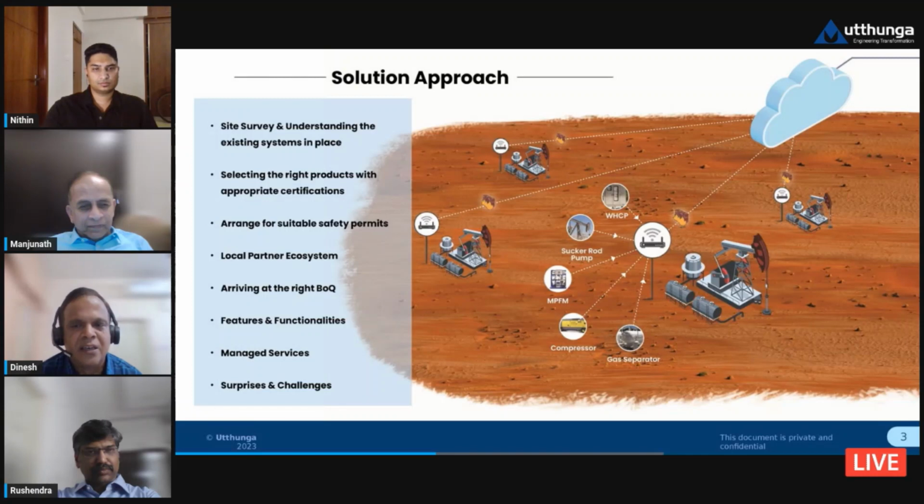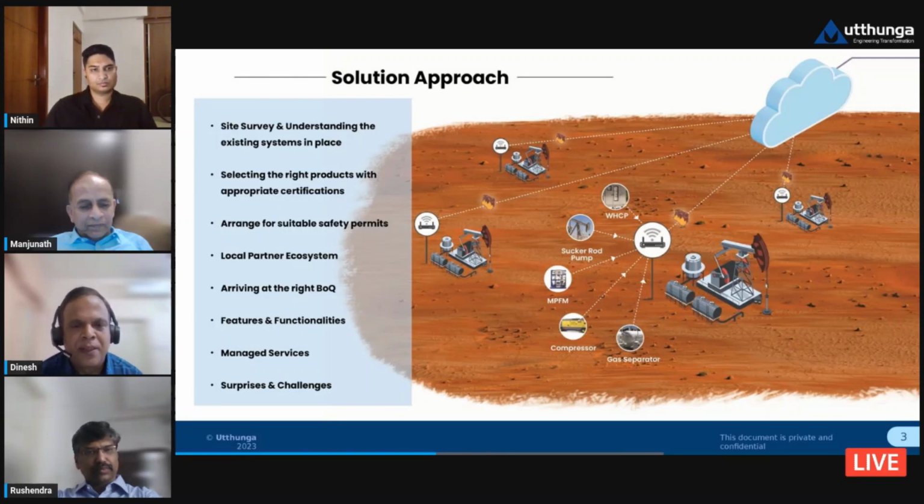And as part of the solution, before we even get to solving this problem and deciding on the system, it was very essential to understand the site, like a site survey, before we even get into the project proposal.